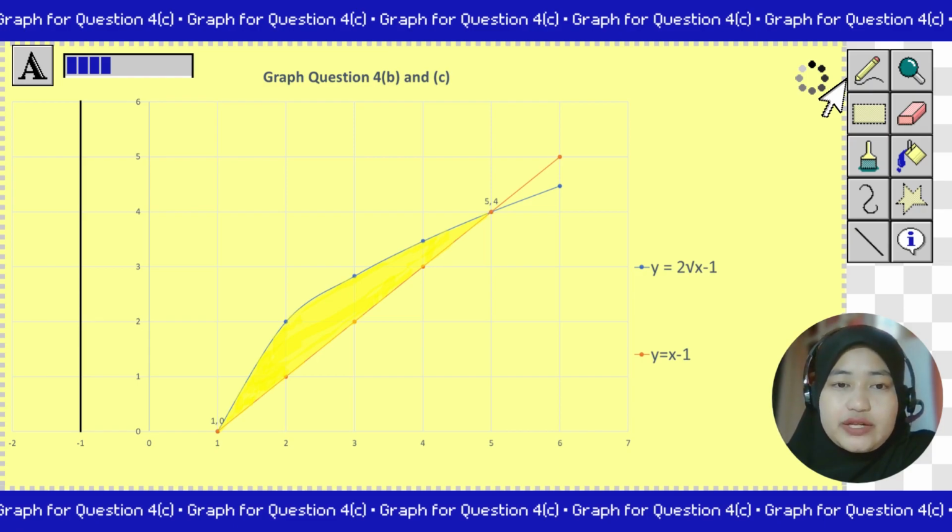For the radius, the rotation axis is x equals negative 1. Therefore, the radius will always be x minus xc, and x minus xc is x plus 1.